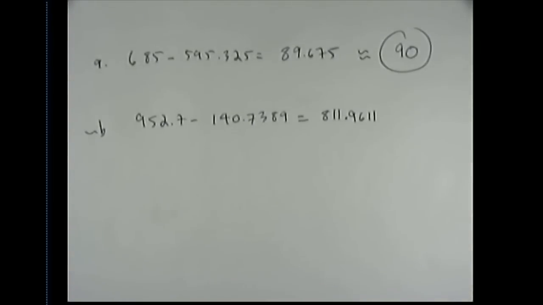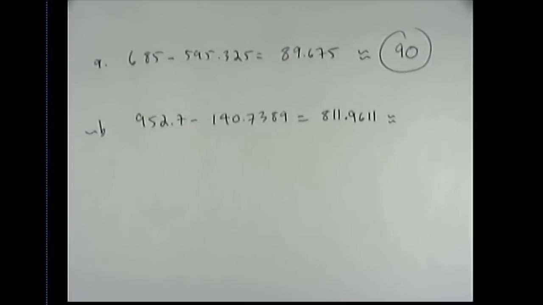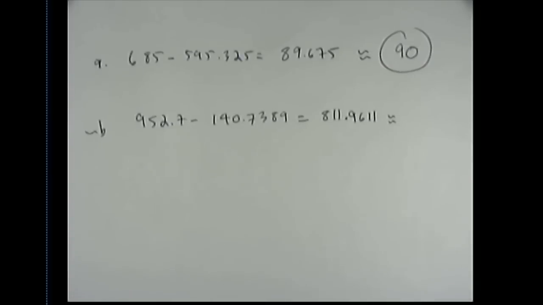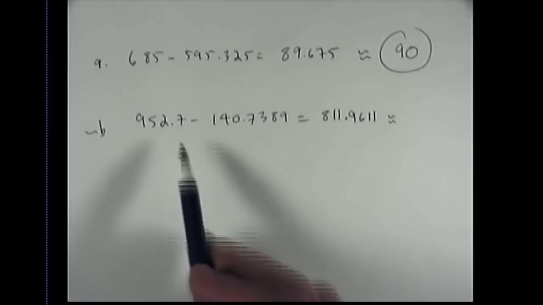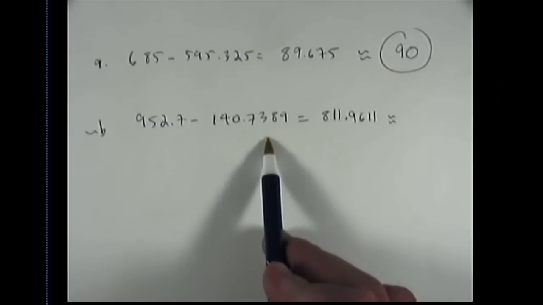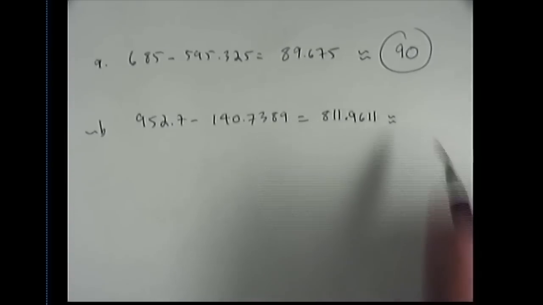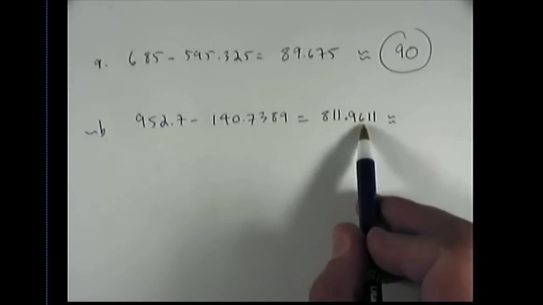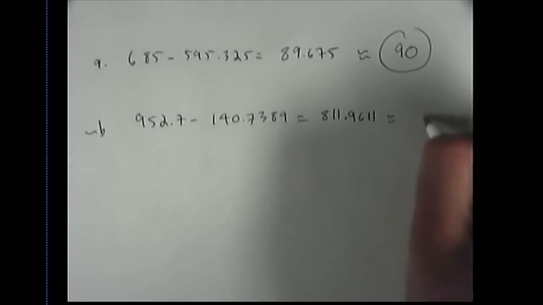Once again, this is an addition-subtraction problem, so I have to report my answer with the proper number of significant figures, which is going to have the same number of decimal places as the value that had the smallest number of decimal places. You'll note that this has 1 decimal place and this one has 4. So the answer that I'm going to be doing will have to have 1 decimal place. If I round this position up from this 6, it ends up rounding the entire value up to 812.0.